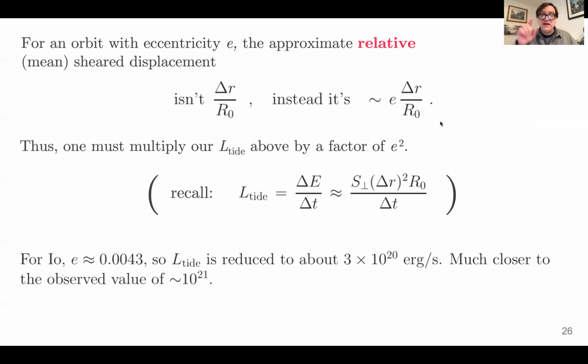So we have to take our earlier estimate and multiply it not by e but by e squared, because the original expression for the tidal energy dissipation had a delta R squared in it. When you do that, you get something a little bit less, but much closer to the observed value of 10 to the 21 ergs per second. Okay. Hope that makes sense.